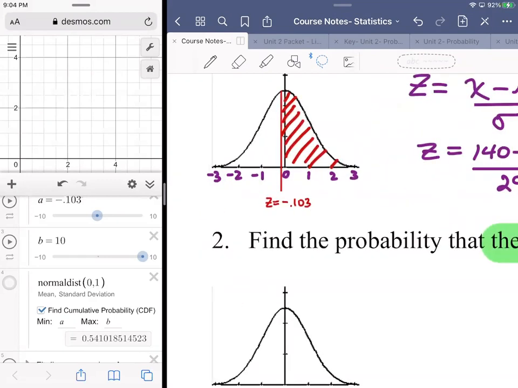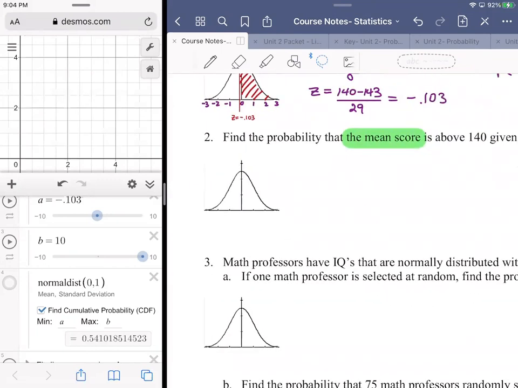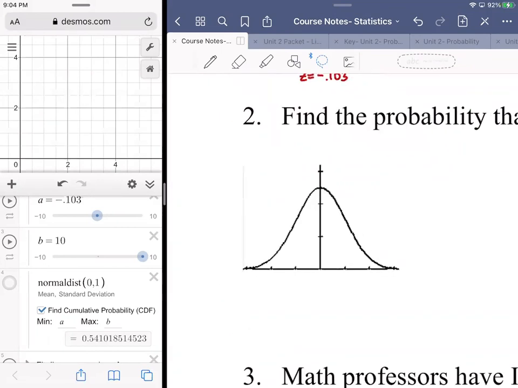So we have this graph here, which amounted to, in number 1, a little bit more than 50%. I'm still going to have benchmarks of 0, -3, -2, -1, 1, 2, and 3.